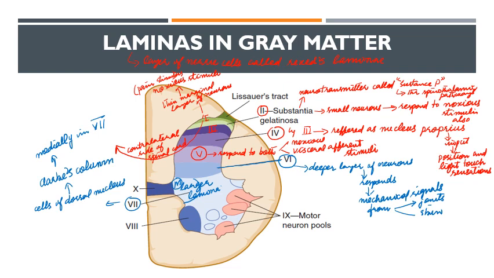The neurons from this Clark's column give rise to posterior spinocerebellar tracts, and they also give rise to large portions of ventral gray horn.